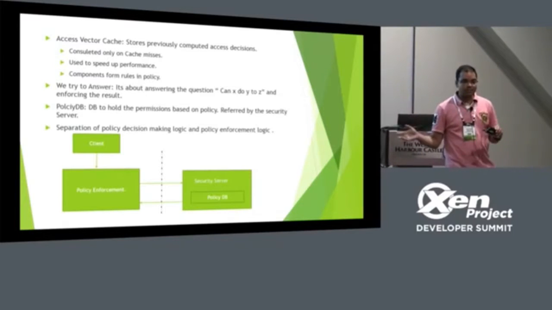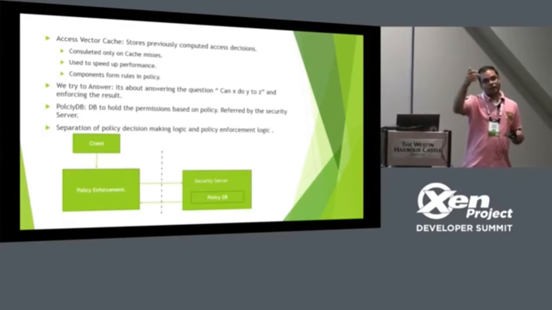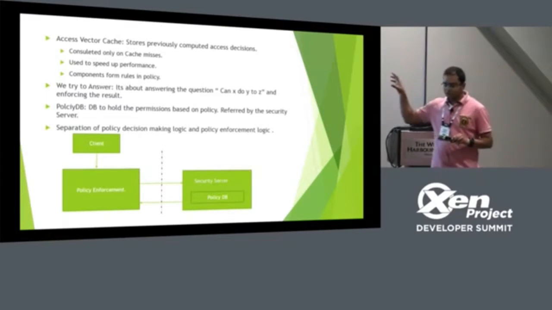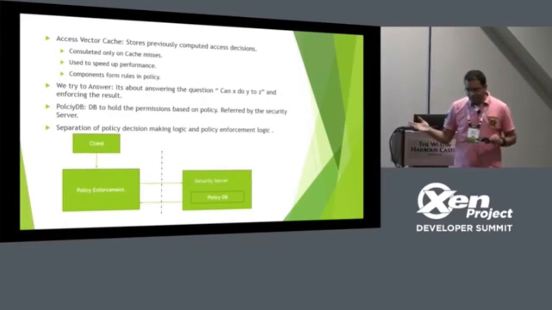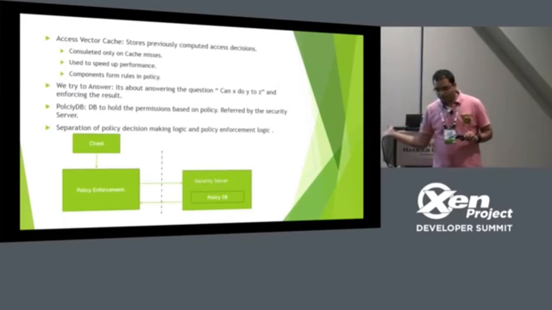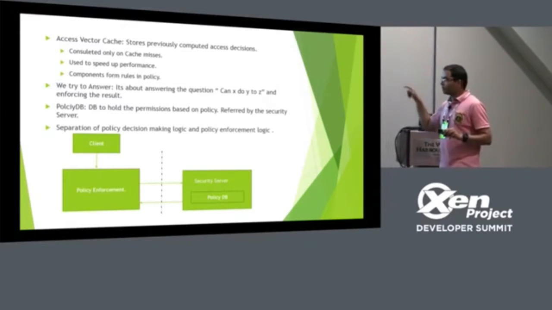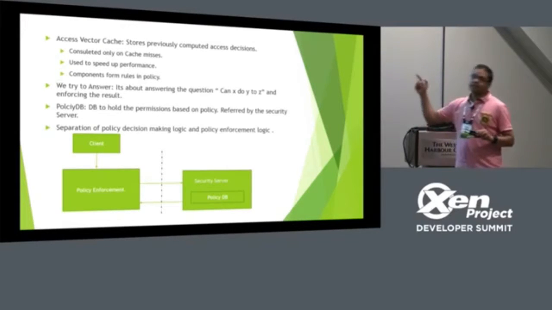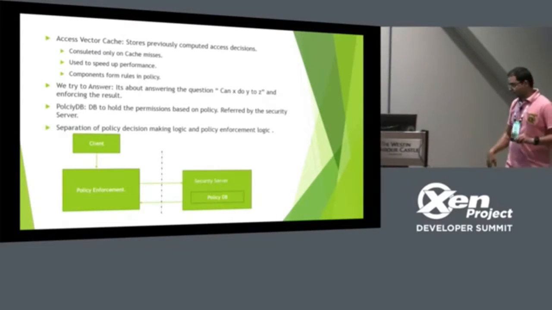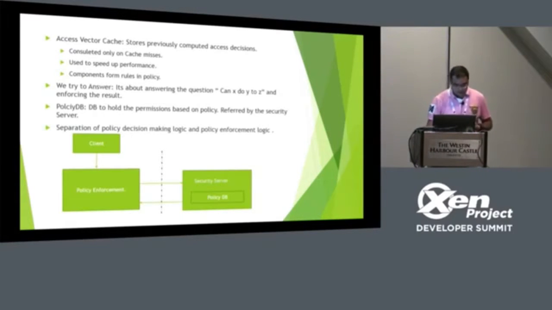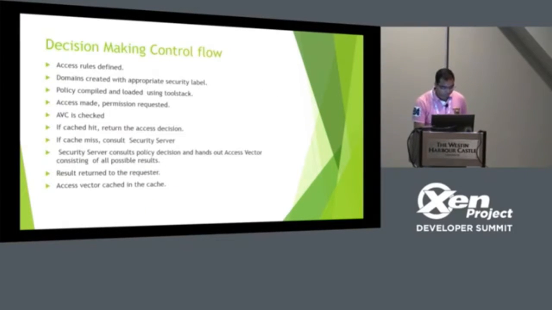If a permission is requested, first we check this AVC, and if it's a cache hit, the decision is returned from the AVC, and if it's a cache miss, then we go to the security server. Decision is made, results are cached, and then returned back. So this is the AVC cache. This is how XSM takes care of improving the performance.